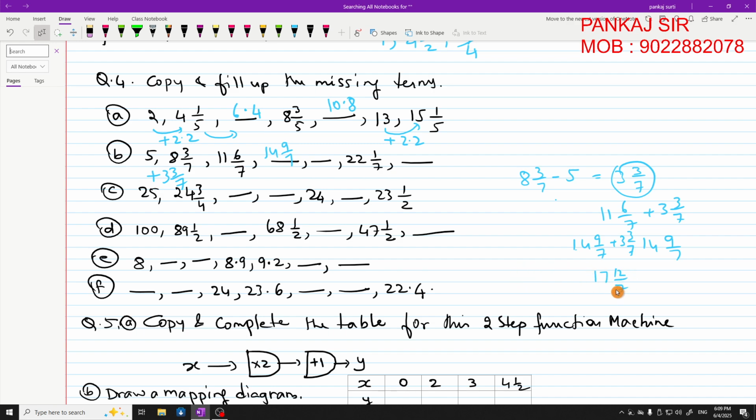So this can be written as 17 12 by 7, right? This 12 by 7 can be reduced to a proper fraction, like 7 ones are 7, and 12 minus 7 is 5. So this will be 1 5 by 7, right? So 17 plus 1 5 by 7 should be 18 5 by 7. So this can be written as 18 5 by 7, right?